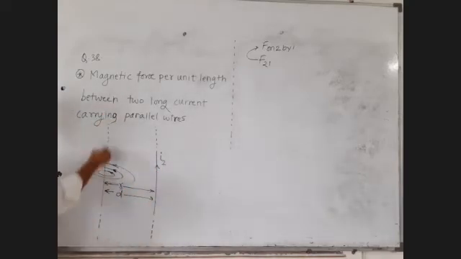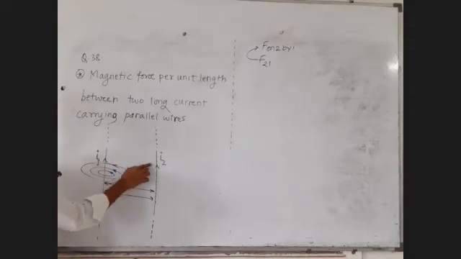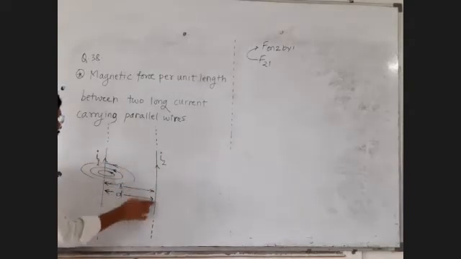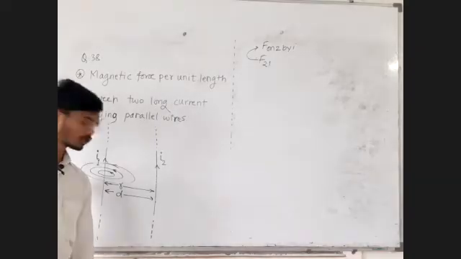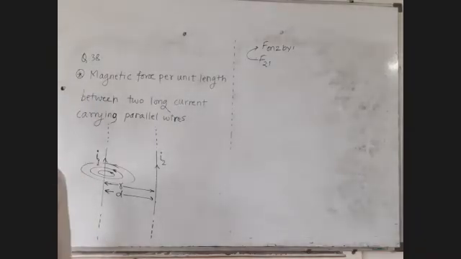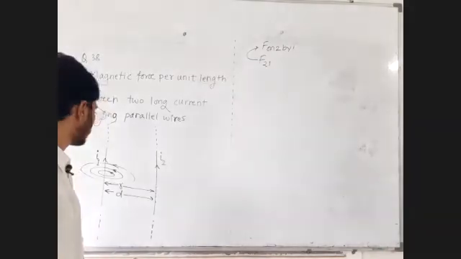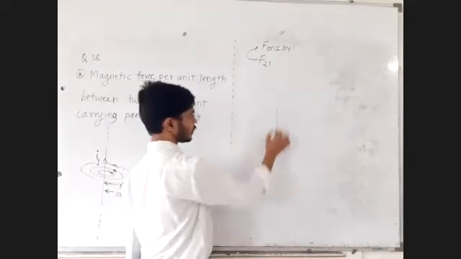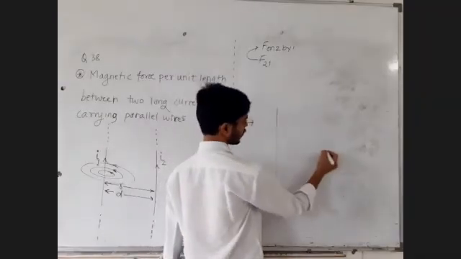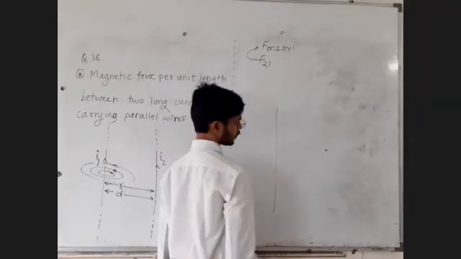Because of the first wire, the field at any point on the second wire will be going in, coming out. What will be that? Going in, coming out, leftward, rightward, upward, downward. Aditya is saying outward. But what did we teach? If you have a current carrying wire and because of that wire you want to find out magnetic field at this point, what you will do?